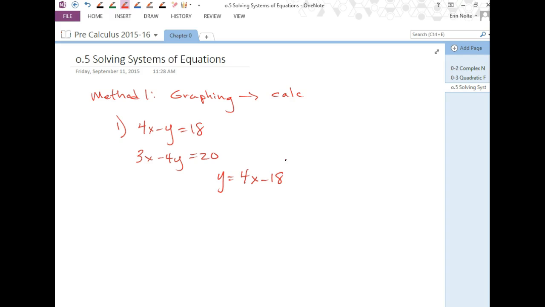Okay, and on the bottom equation, you would do negative 4y equals negative 3x plus 20 divided by negative 4. So y equals 3/4 x minus 5. Everybody okay there? Okay. So I'm going to start by graphing both of those in the same window.